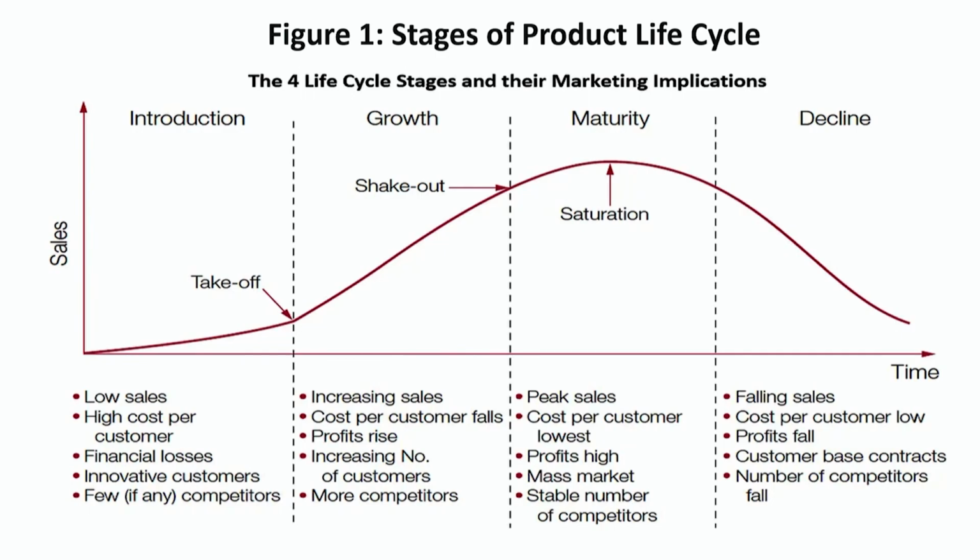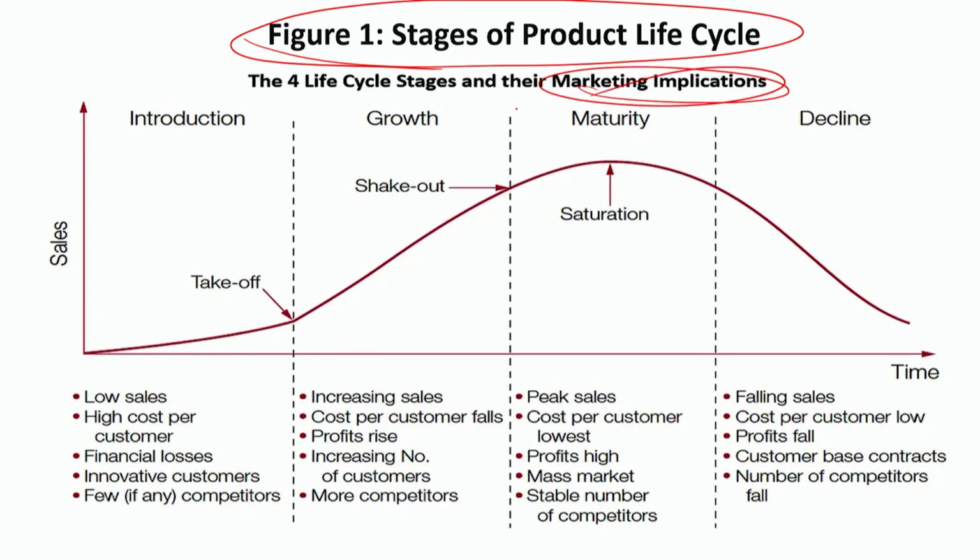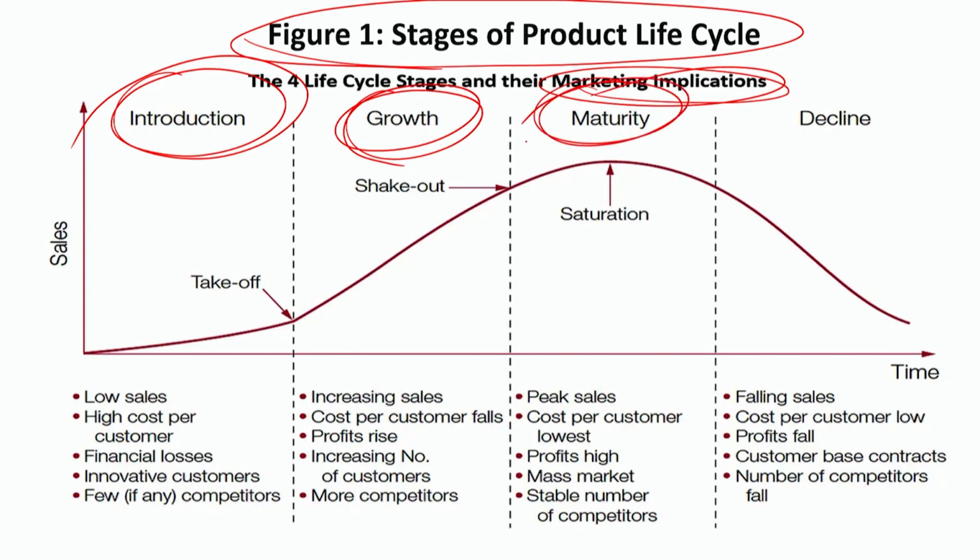If you see this figure, the 4 life cycle stages and their marketing implications. We have discussed introduction, growth, maturity and decline. Introduction is like a takeoff, because the product is introduced in the market.